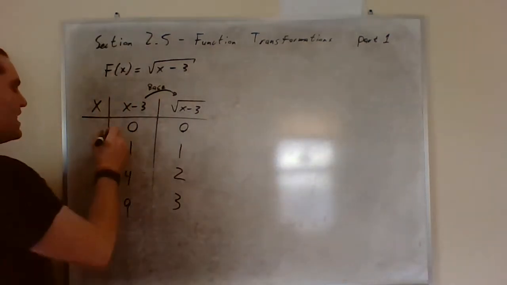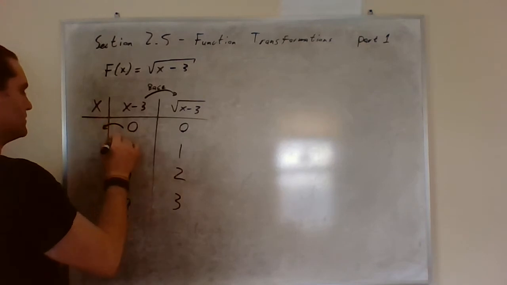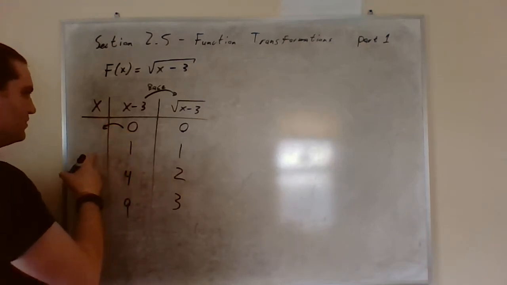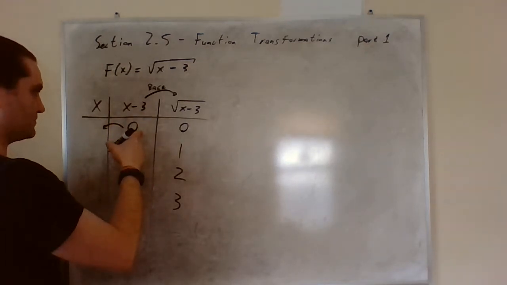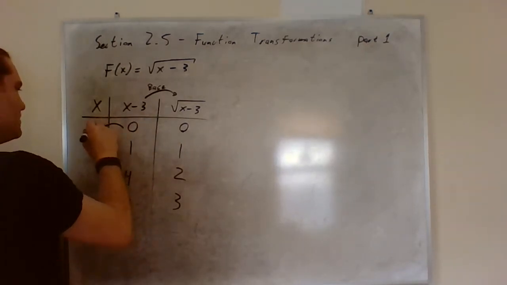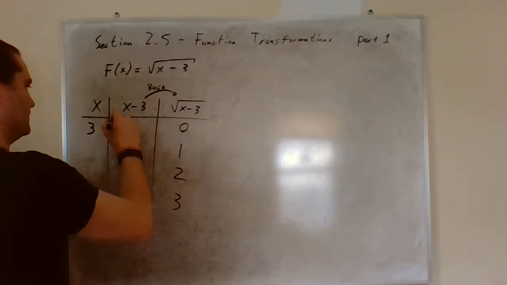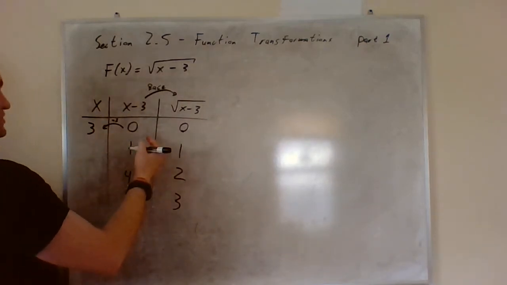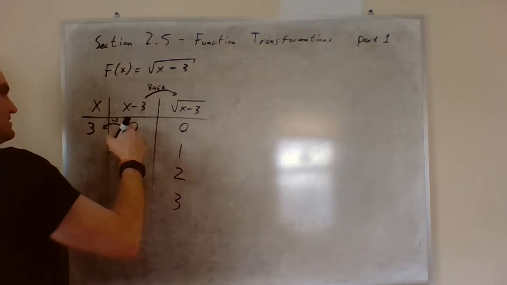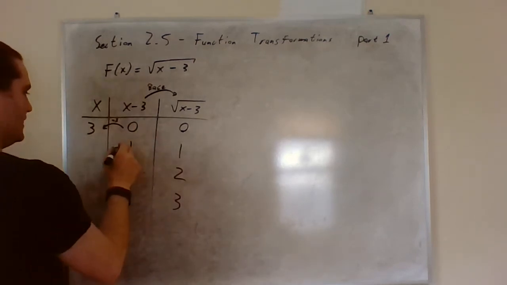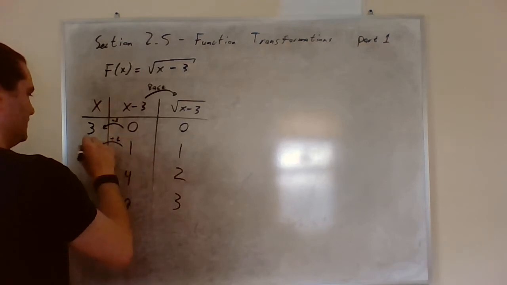But now the thing is, I have to go backwards to get the original inputs. If I want x minus 3 to equal 0, that means that the x value I needed to have started with was 3. So to do this, I have to add 3 to whatever this is to get the original x value I wanted. Here I have to add 3.